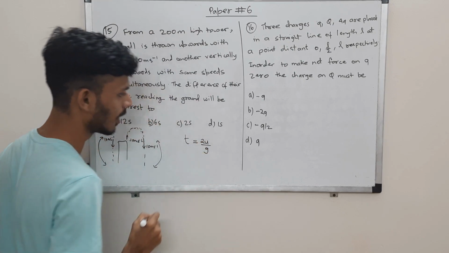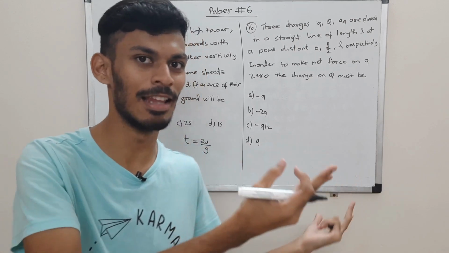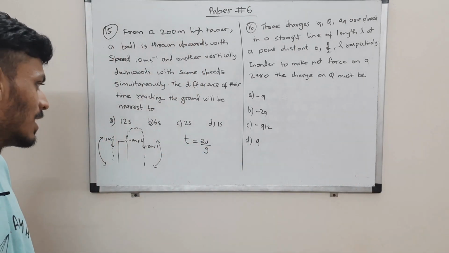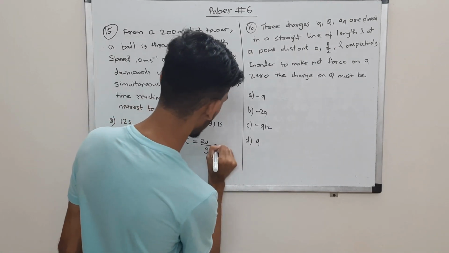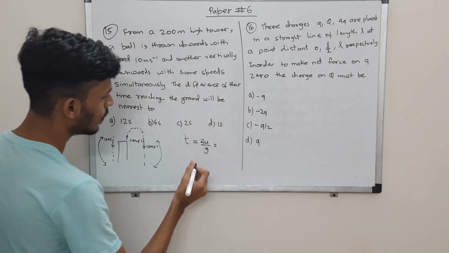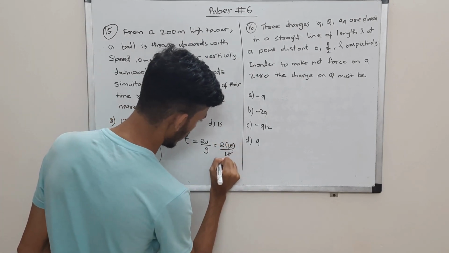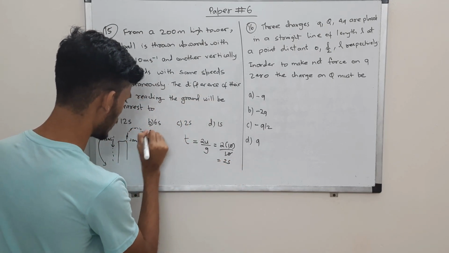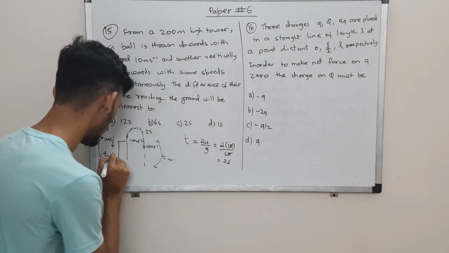So this will be given as 2u by g, or basically 2u sine theta by g, and theta is 90 degrees. The angle is, it's thrown vertically upwards. So the time of flight over here is 2u by g, sine 90 is 1. So 2 into u is 10, by g is 10, this and this will get cancelled, 2 seconds. Whatever this time may be, suppose t2, this is also t2.